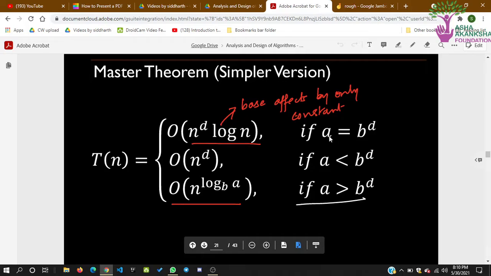The values of D, B, and A are the same. And you just have to learn this formula by heart.